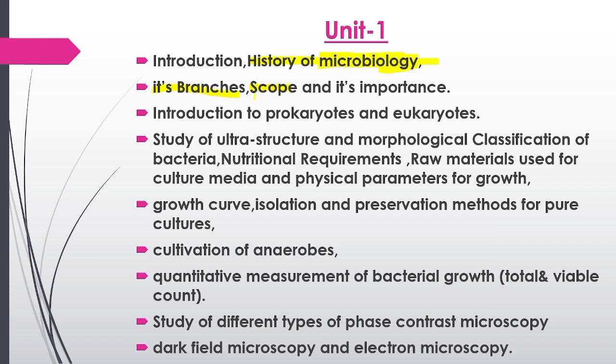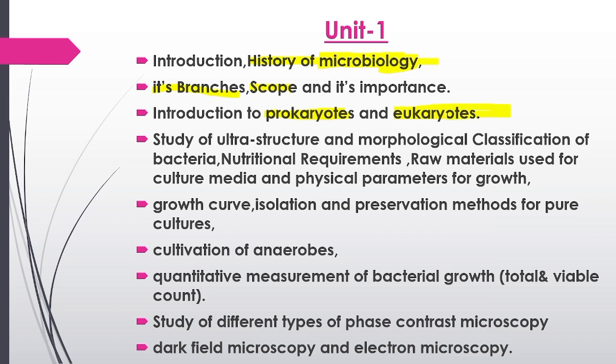Okay, next, introduction to prokaryotes and eukaryotes. What are prokaryotes? Prokaryotes are organisms in which there is no nucleus. While eukaryotes are organisms consisting of a nucleus with a cell membrane, containing membrane-bound cell organelles.